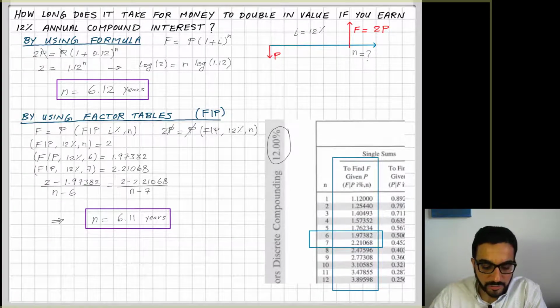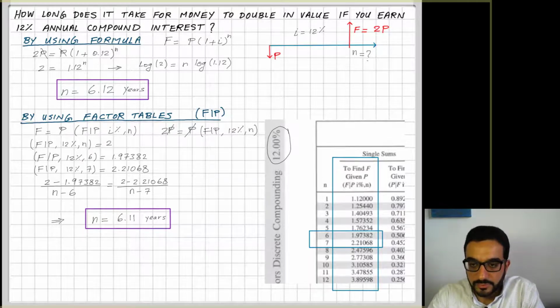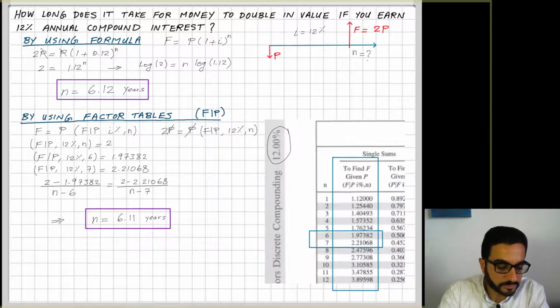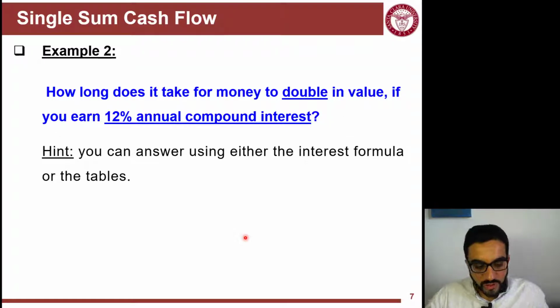So accumulation of rounding error is the reason for this 0.01 difference between the two answers. So that example shows you how to make reverse use of the tables or the formulas.